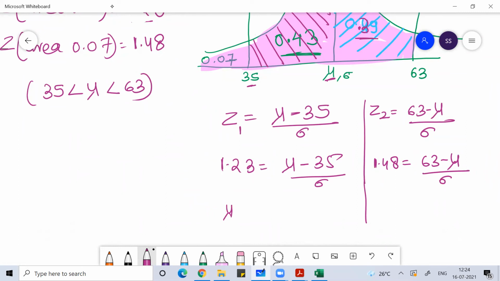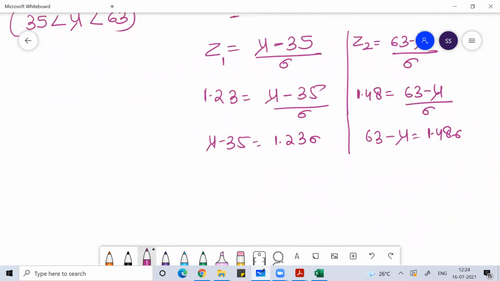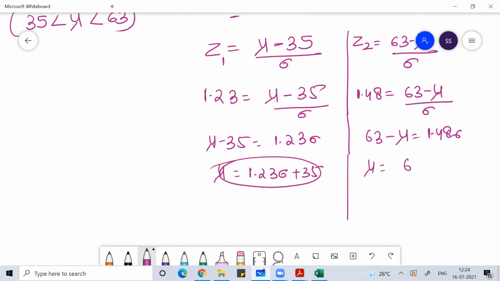So mu minus 35 is equal to 1.23 sigma, and 63 minus mu is equal to 1.48 sigma. So mu is equal to 1.23 sigma plus 35, and mu is equal to 63 minus 1.48 sigma.